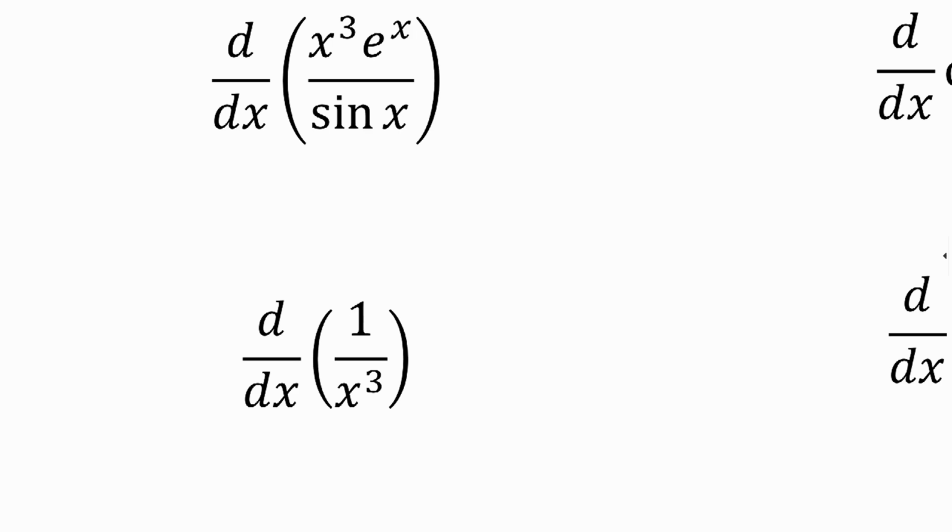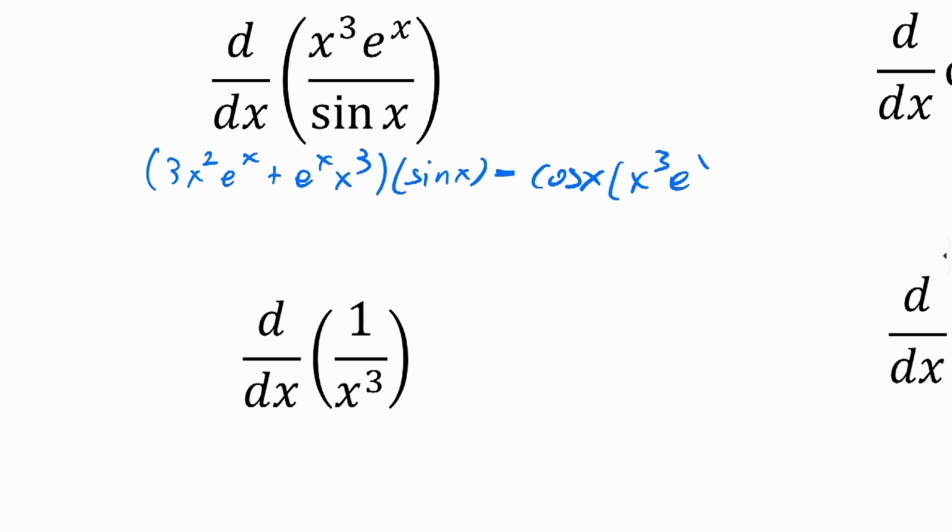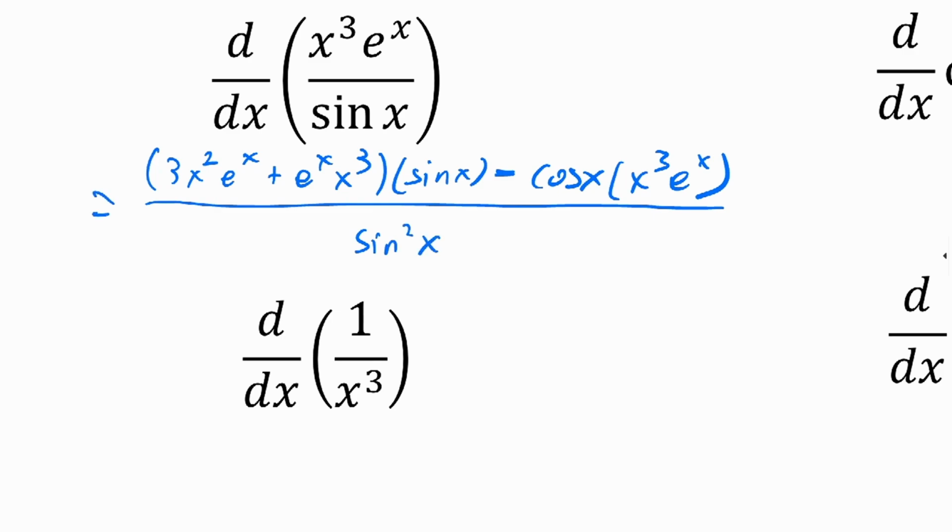Derivative of the top is going to be 3x squared e to the x plus e to the x cubed. We're going to multiply that by sine x, subtract the derivative of the bottom, which is cosine of x, and just tag on that numerator. All of this is then divided by sine squared x, and there's our derivative.